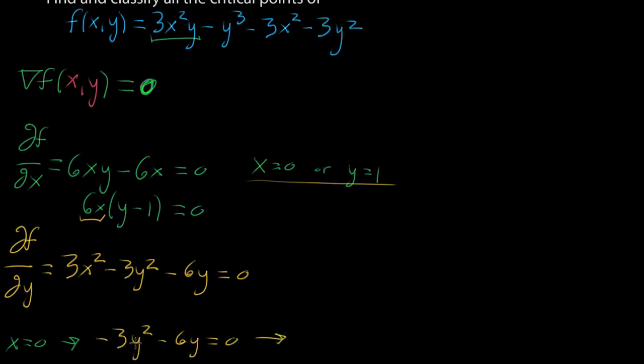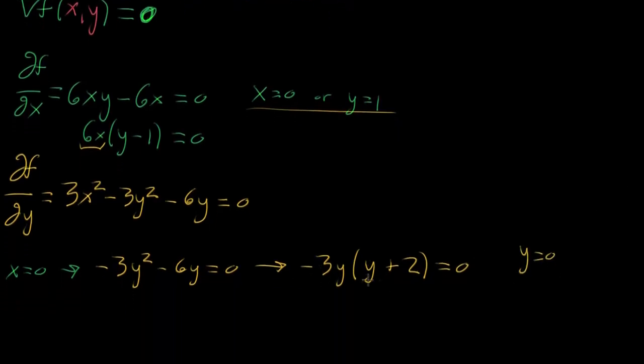So I'll factor out negative 3y, which means that first term just has a y remaining, and that second term has a positive 2, since I factored out negative 3. So y plus 2, and that equals 0. So what this implies is that either negative 3y equals 0, which would mean y equals 0, or y plus 2 equals 0, which would mean that y is equal to negative 2. So that's the first situation where we plug in x equals 0.